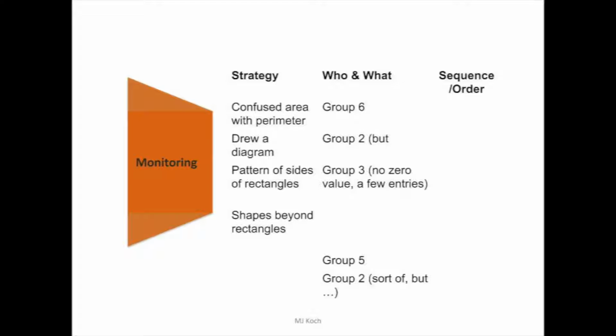In the center column is where you keep track of which group is doing what. This is because it's easy to lose track. You've got 5 or 6 groups in the room, and you think, well, who was it that had that? Where are they again, right? This can help you to do that. And then the column on the right is where you might think about the sequence or the order that you're going to explore those in when it gets time to share the solutions.